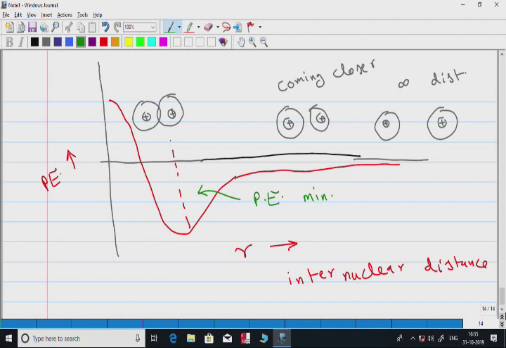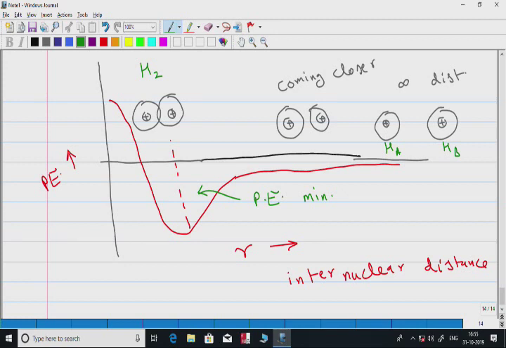Now, whenever two atoms are present at infinite distance, these are the atoms that we have taken in the example, HA and HB, means two hydrogen atoms, which will become an H2 molecule. At the infinite distance, there won't be any attractive or repulsive force acting between the atoms.